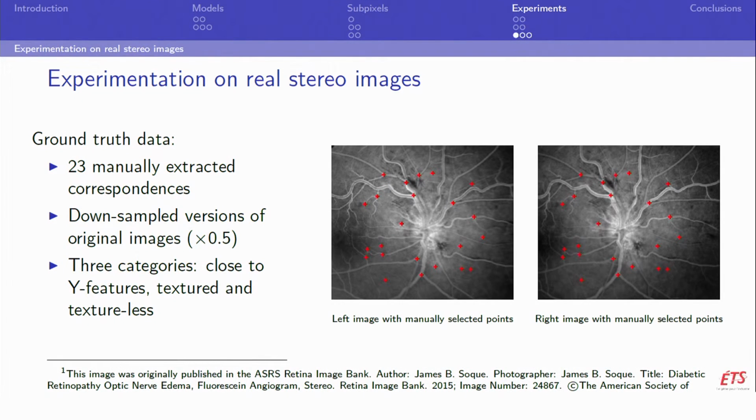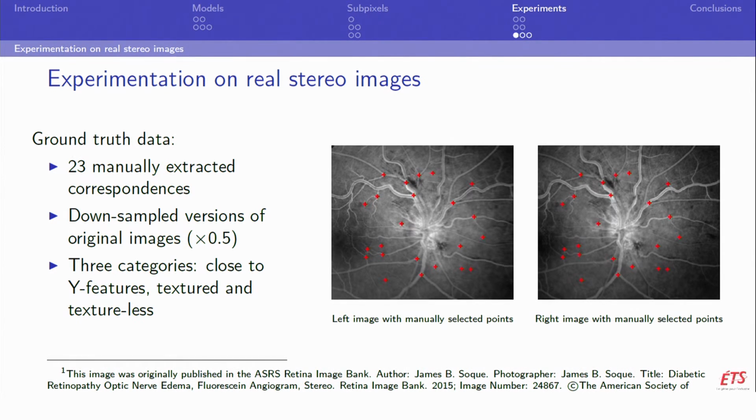So the next step, we tried that with real images. This is a real stereoscopic image of the fundus. We extracted manually a set of corresponding points; 23 corresponding points were extracted.